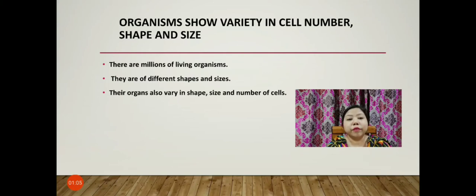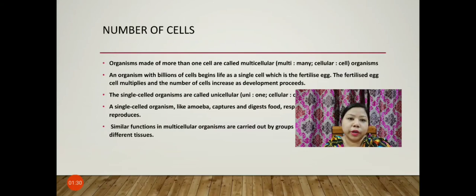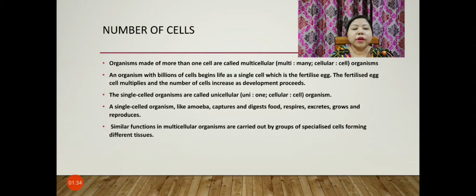They are of different shapes and sizes, and their organs also vary in shape, size and number of cells. But whatever the difference, living organisms are made up of cells. That means all living organisms are made up of cells, and so the cell is called the structural unit of living organisms.